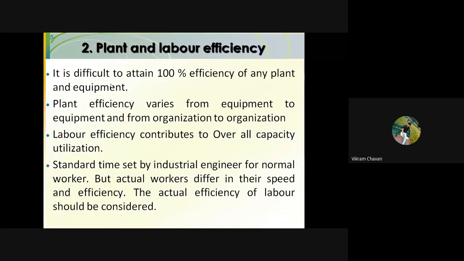Getting my point, everyone? Please mention in the chat box if you have any problem, question, or doubt, or else note down some of the points related to this plant and labor efficiency. Everyone, if you are not getting anything, please mention it in the chat box, or else mention that you are getting this point.